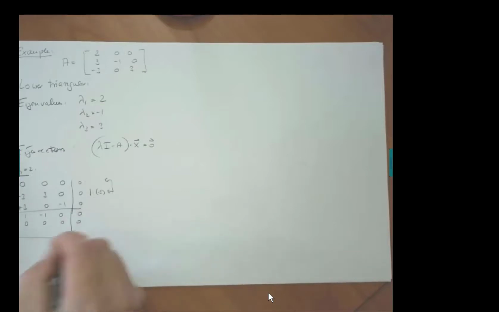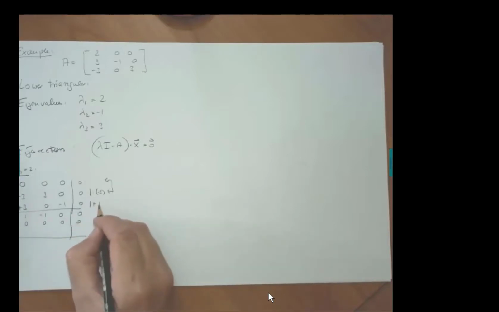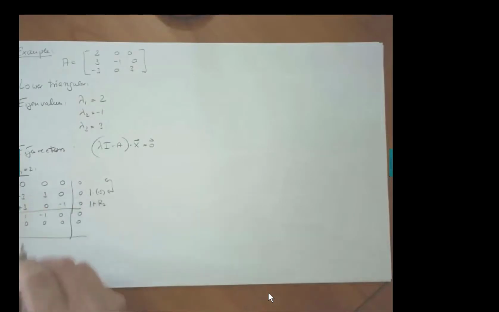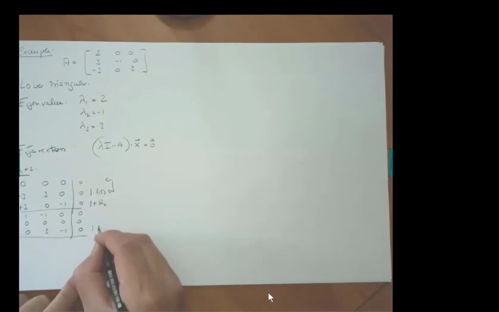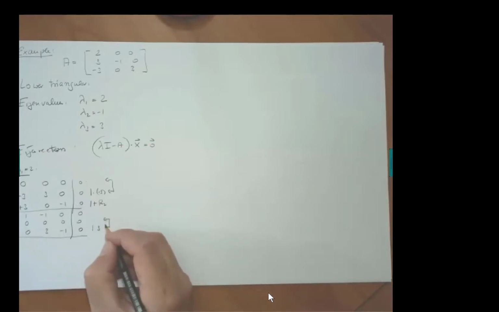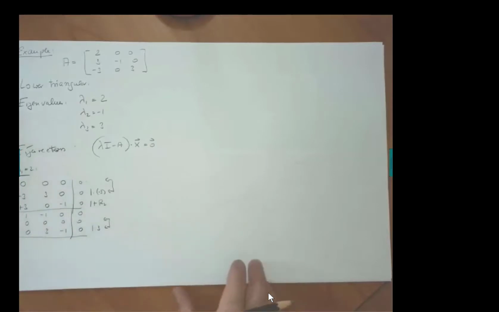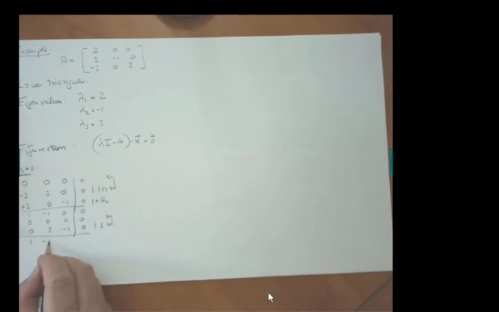And I hope it's okay, I at the same time add row 2, so I also eliminate this. So this plus this is 0, this plus this is 3, this plus this is negative 1 and 0. And then I divide by 3 and flip it with this. So we get 1, negative 1, 0, 0. 0, 1, negative 1/3, 0, 0, 0, 0, 0.